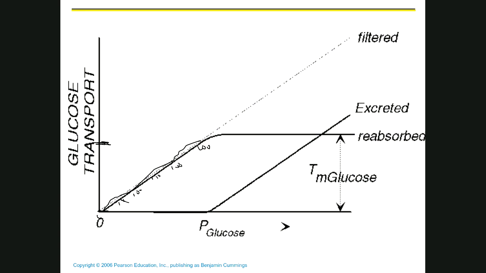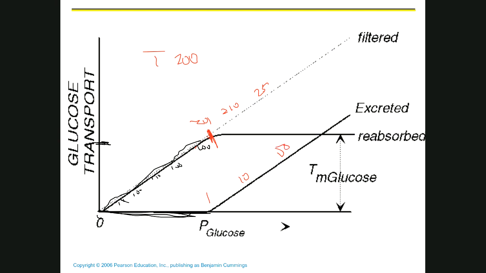But the second I reach the transport maximum, remember we said, for an example, our TM value is 200. But look what happens when I go to 201. 1 winds up in the urine. Look what happens when I go to 210. 10 winds up in the urine. Look what happens when I go to 250. 50 winds up in the urine.